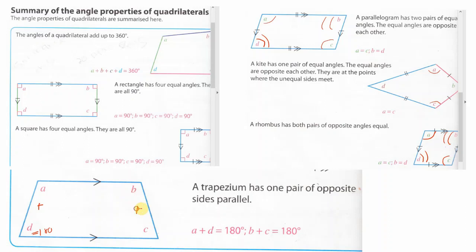Similarly, B plus C equals 180 degrees. So a trapezium, we know, has one pair of parallel sides. So the angles inside these parallel sides add up to 180 for the left hand side and for the right hand side.